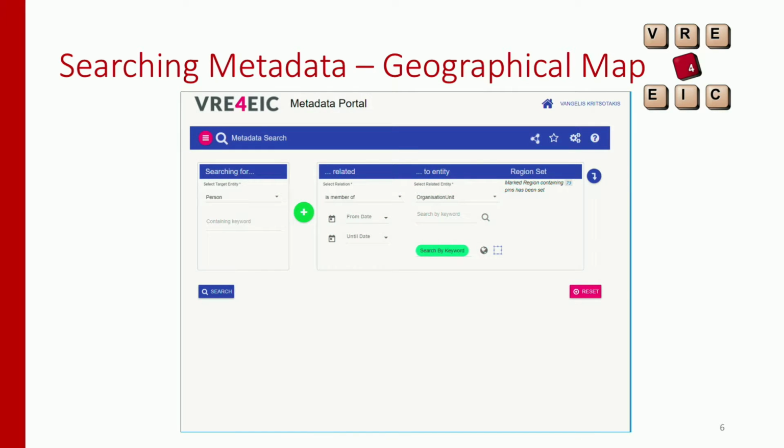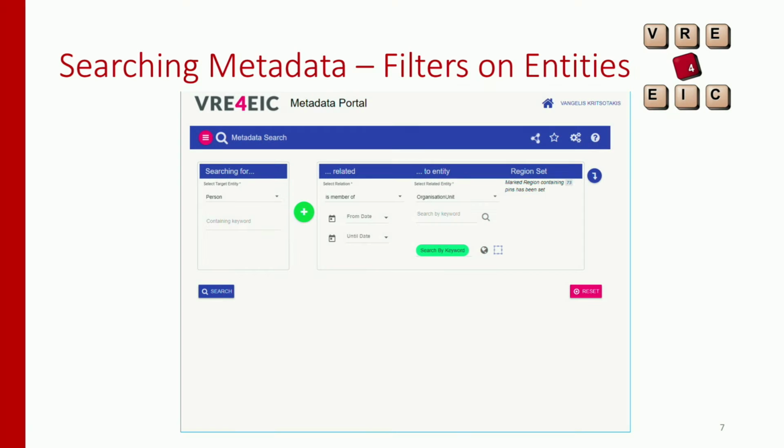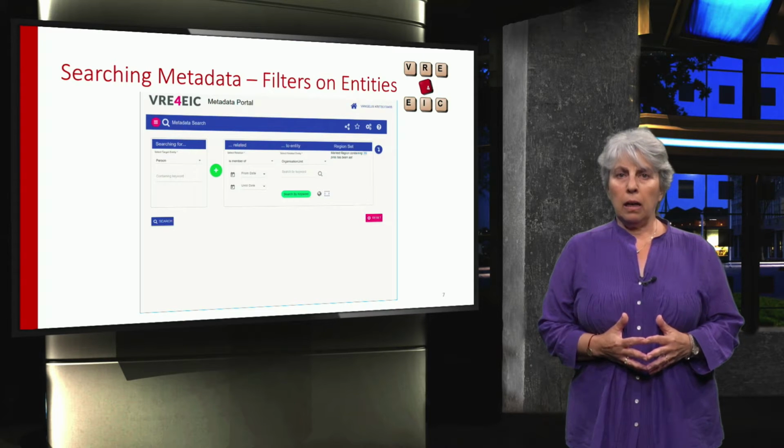In that way, it is ensured that not too many instances are present in the final query to influence the performance negatively. After the map is closed, the previous view is enriched with a new panel which states exactly what is done. In this example, it is stated that a region containing 73 organization units has been set in the query.